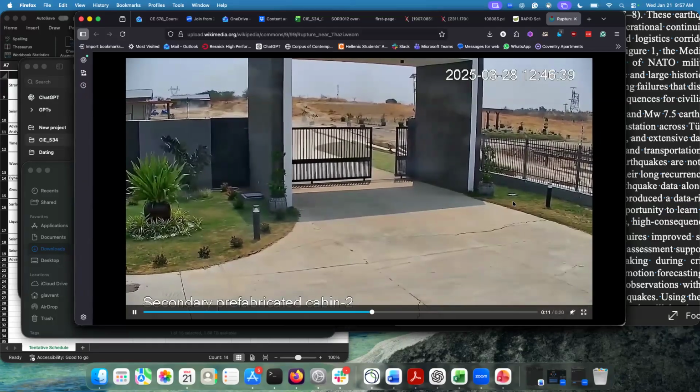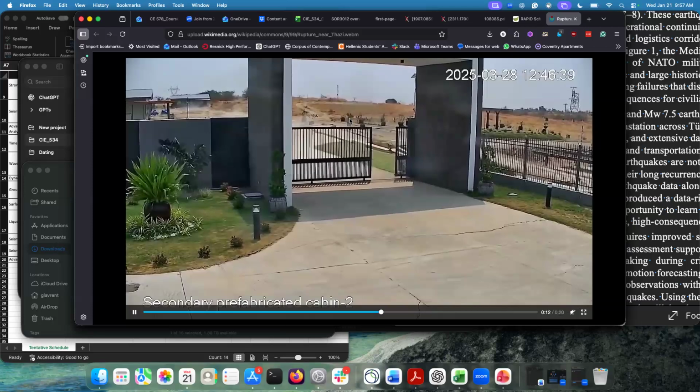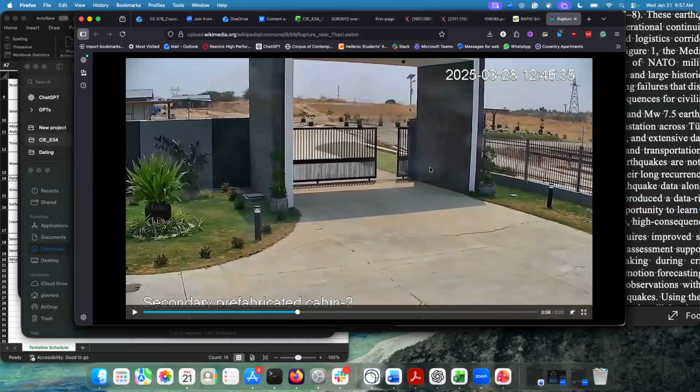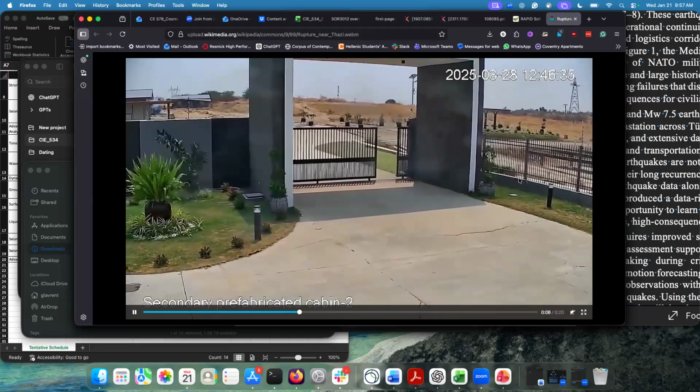The fault is more or less parallel to this wall, and you can see that as the earthquake is happening, this side will move relative to this side. The camera is stationed on this side of the fault, so you don't see that side of the fault moving, and you see the opposite here.